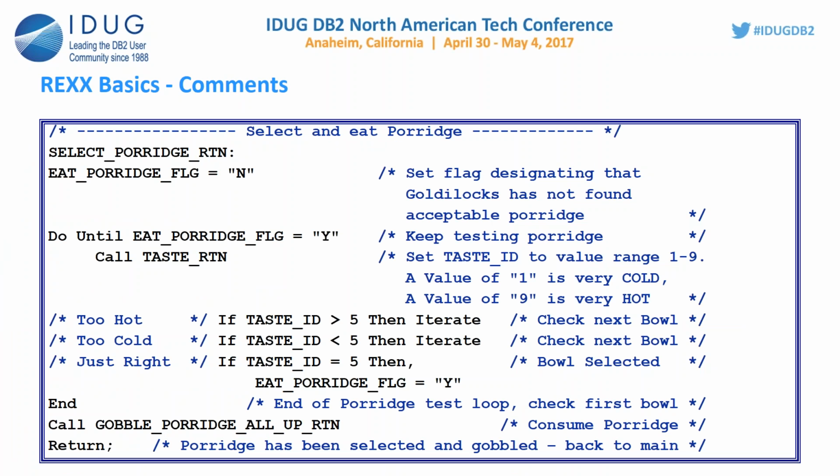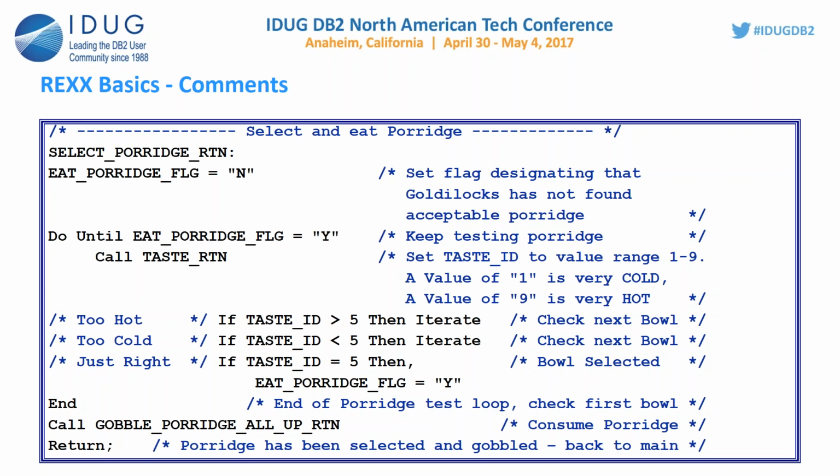In terms of comments, the way you put comments into REXX code, it's going to use the C or Java convention there. Anything between those two delimiters, slash asterisk and asterisk slash, is a comment, and can span multiple lines. Conventionally, you'll see comments just be all on one line, but it doesn't really matter where you put them.